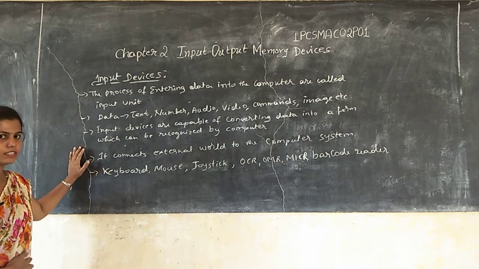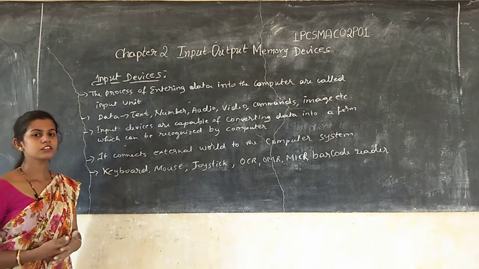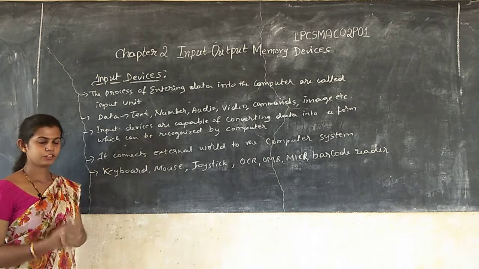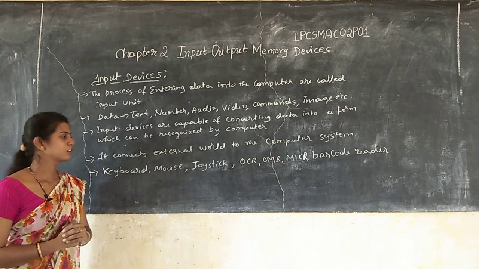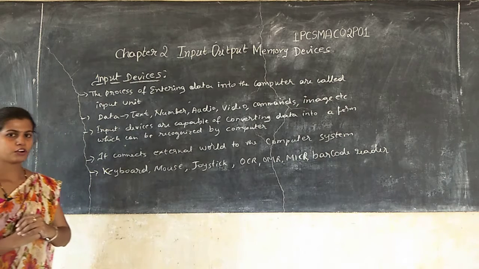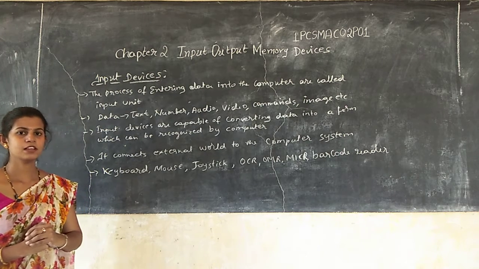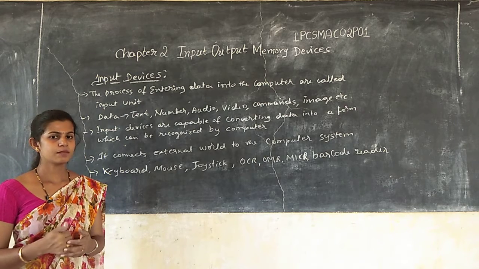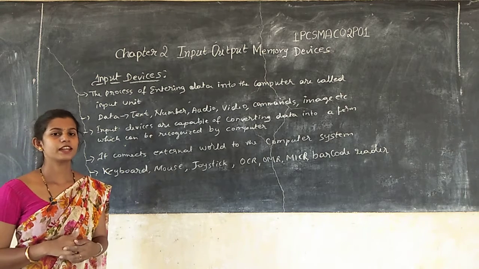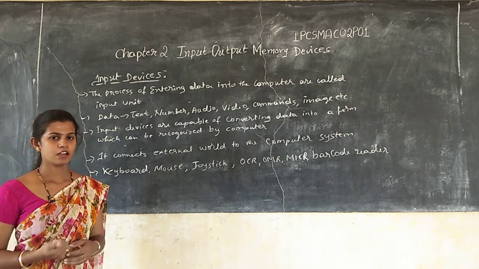So nowadays, without the input we cannot actually work with the computer. So it plays a very important role. For example, without the input devices, the computer would run by itself. There is no interaction between the user and computer.